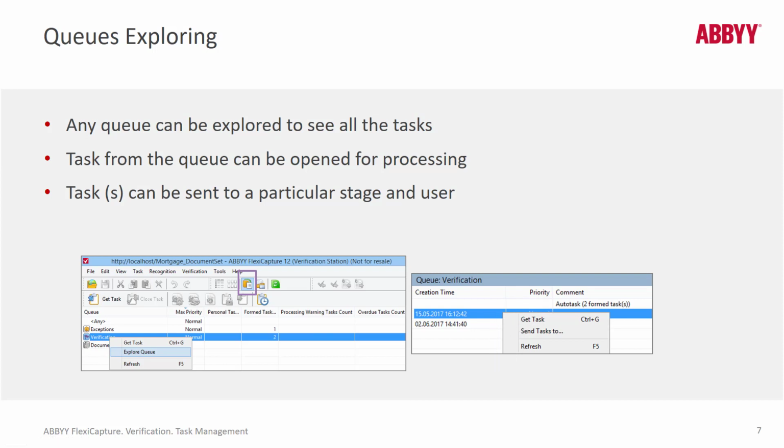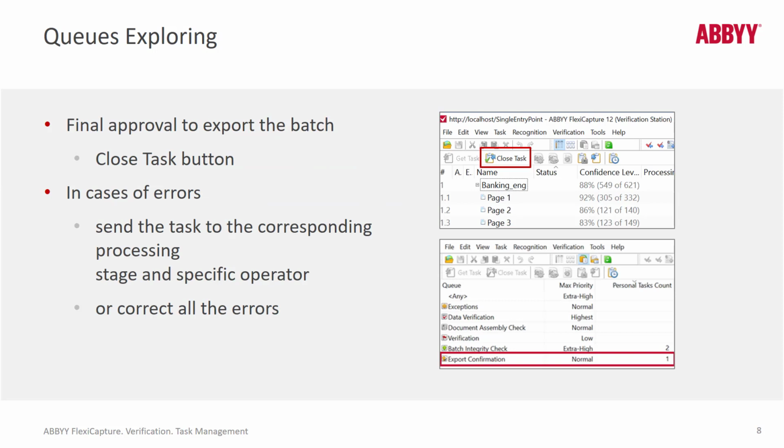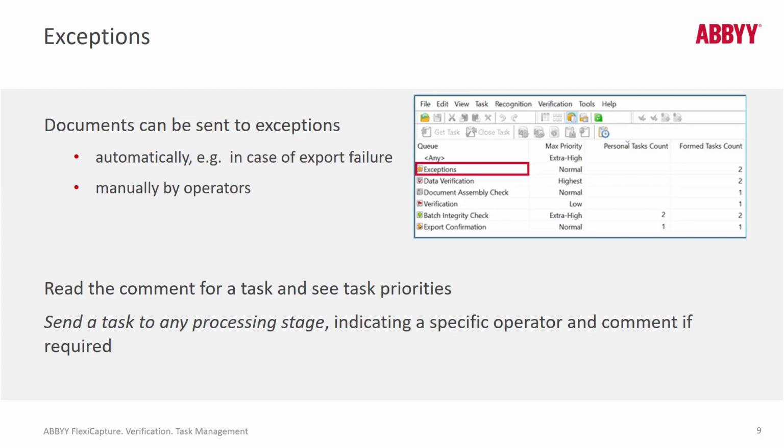So that's very helpful. A little bit more on that. When you're in a queue correcting things, you can correct all the errors, or you can reroute to a different stage. But once again, queue exploring allows you to explore what's in the system rather than sticking to a first in, first out modality.